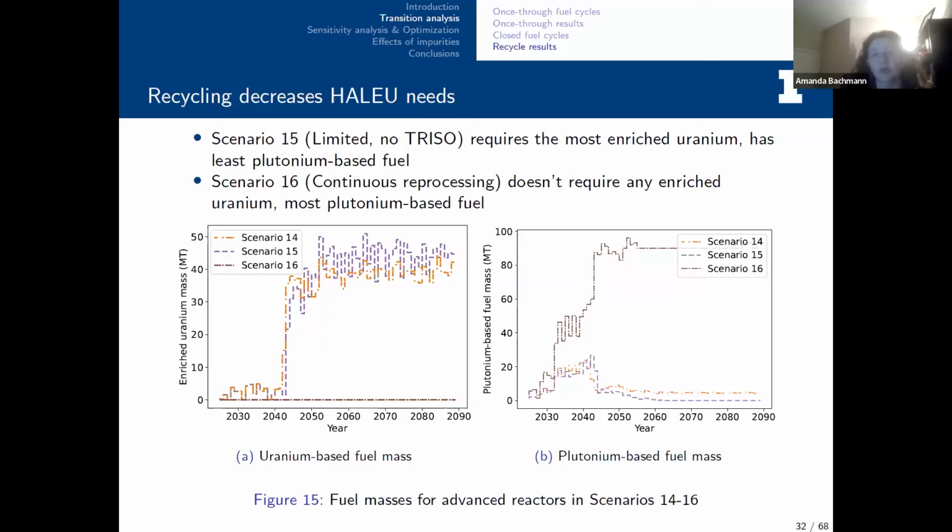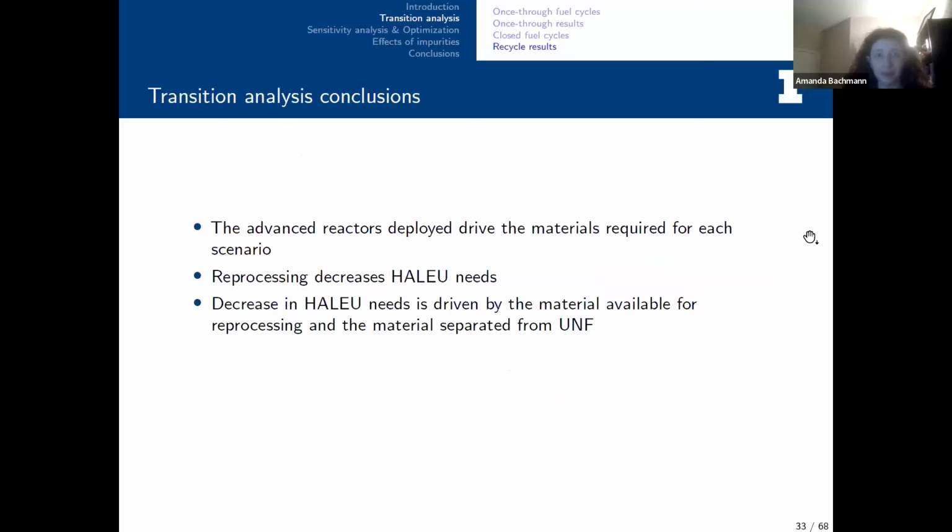So you need to compensate with more fresh HALEU. And then in scenario 16, which is that continuous reprocessing with the fast reactor, at some point you don't really need any more enriched uranium because you have so much of your plutonium-based fuel that you can put back into your reactor, because you are taking out so much material from your spent fuel.